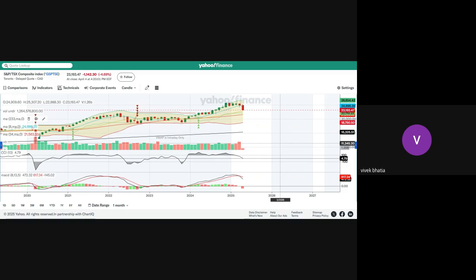Never mind. Good. So this is the monthly chart. It is actually mirroring exactly what we see on Dow Jones. Why is that? Because globally we were hit. The decision of the American president has hit the world. There are rumors spreading all over the place that America is going to go into recession and so on.